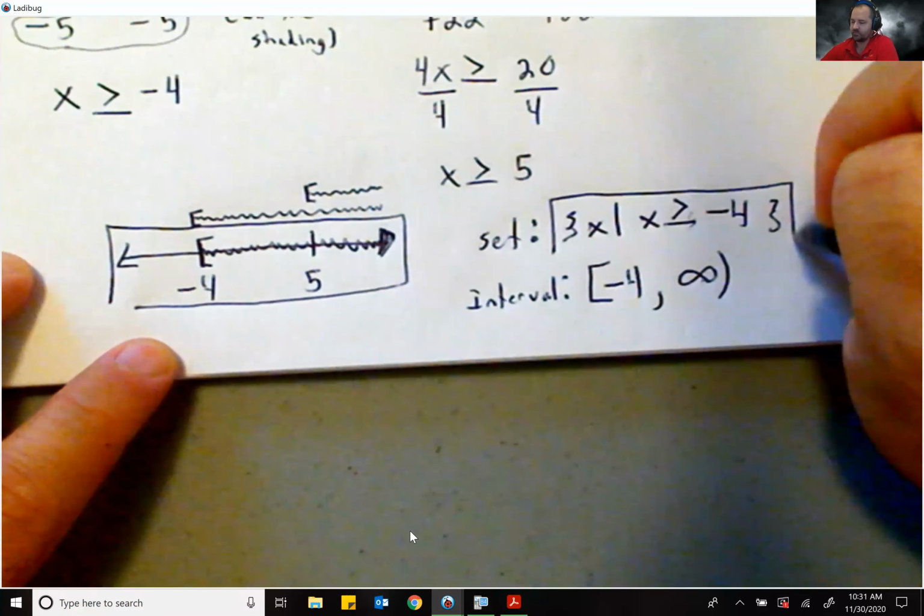As an interval, it generally looks like this: parenthesis, negative infinity, comma, your small number, and it's either a bracket or parenthesis, union, bracket or parenthesis, your large number, comma, infinity, parenthesis. So this is what a normal OR answer usually looks like.